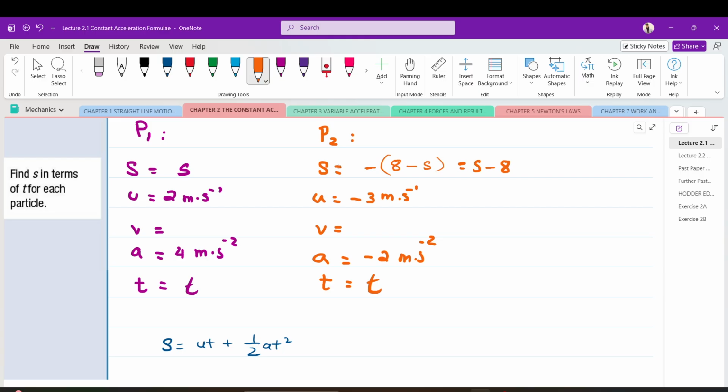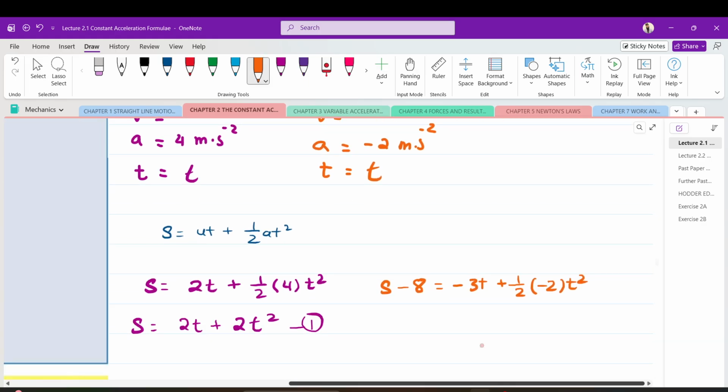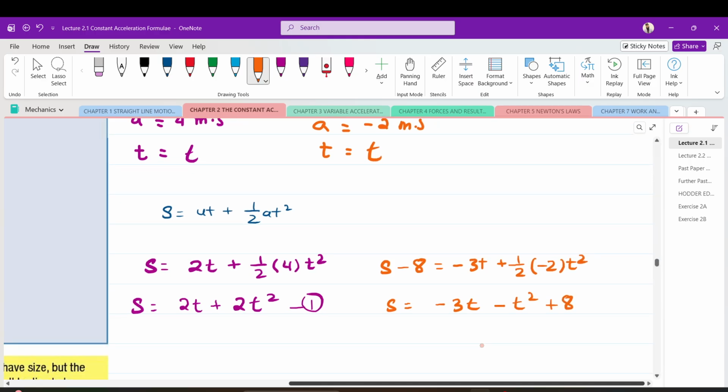So I'm going to write here S minus 8 is equal to ut, which is minus 3t, plus half at squared. So this 2 cancels with this 2, and you will be left with minus 3t minus t squared, and this minus 8 goes to the other side, so this becomes plus 8. That is my second equation.